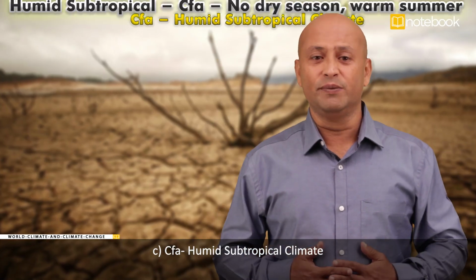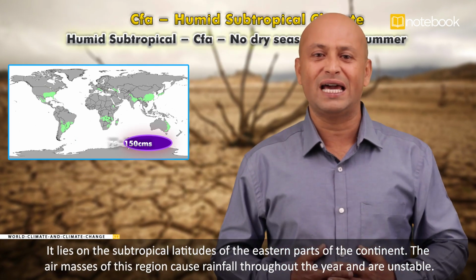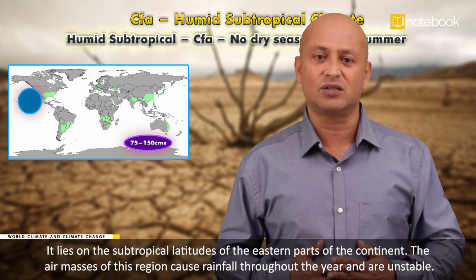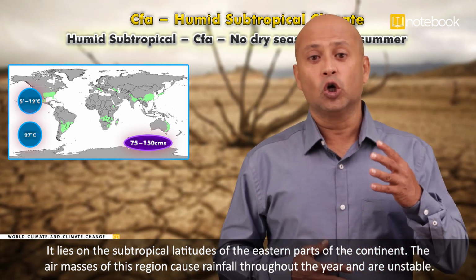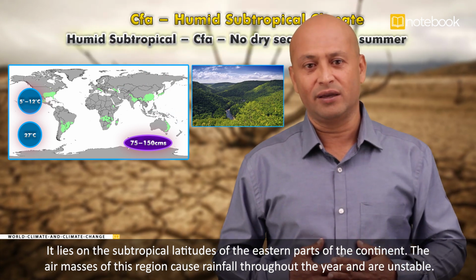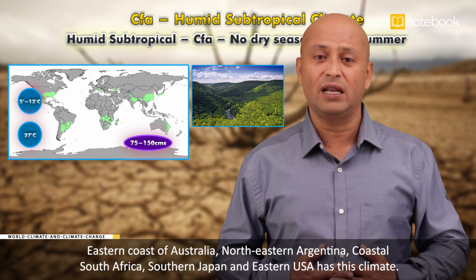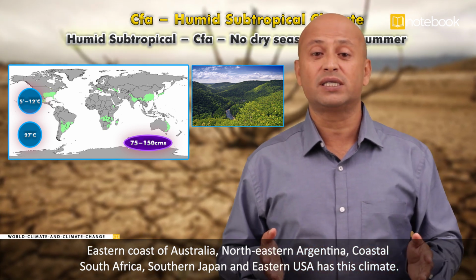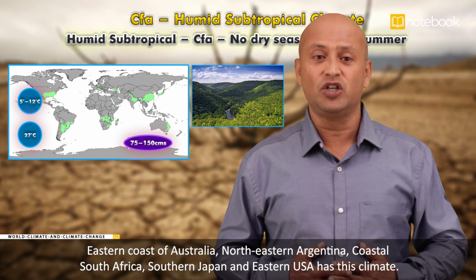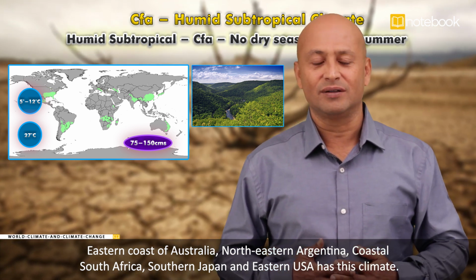CFA, humid subtropical climate. It lies on the subtropical latitudes of the eastern parts of the continent. The air masses of this region cause rainfall throughout the year and are unstable. Eastern coast of Australia, northeastern Argentina, coastal South Africa, southern Japan, and eastern USA have this climate.